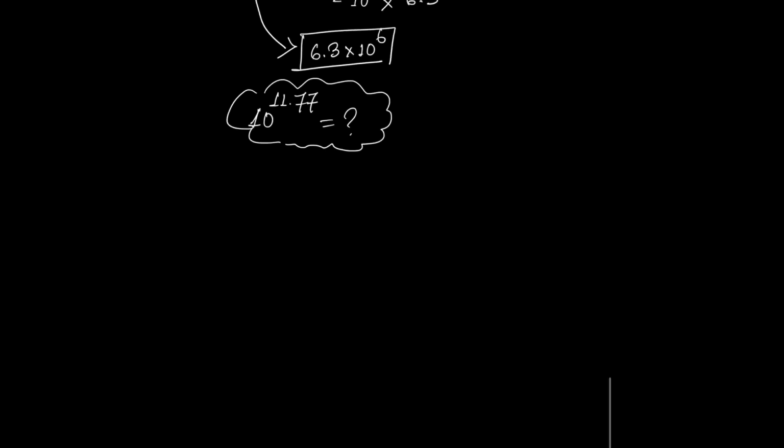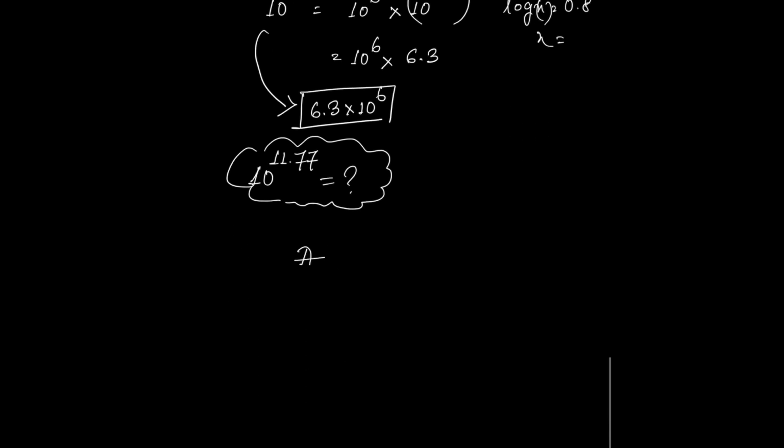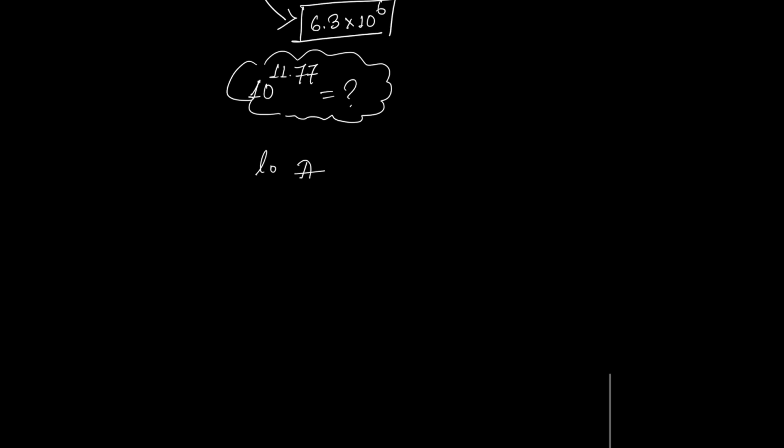Now the toughest part of antilog, that is the negative sign. Like if you are told that log a is equal to minus 8.4, then a would be 10 to the power minus 8.4.